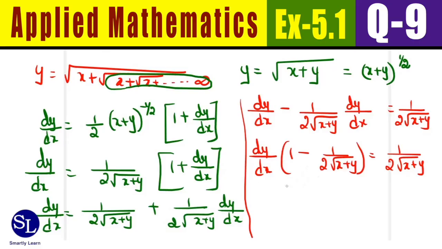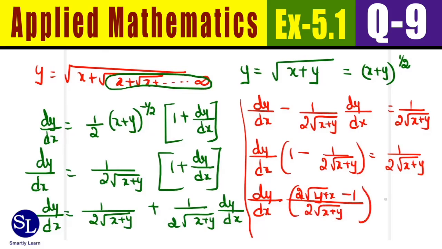The left side I'm going to take LCM and simplify. So this is dy by dx into (2 into root of x plus y minus 1) divided by 2 into root of x plus y, the whole thing equal to 1 by 2 into root of x plus y. The next step, I'm simply going to take out this function that sits along with dy by dx into the right side.